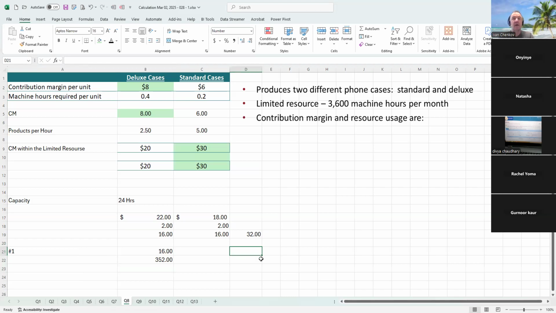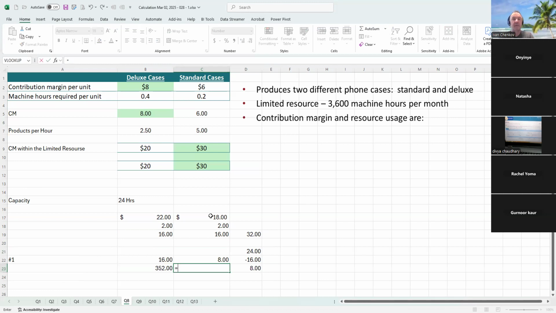I have only 24 hours, and now I've used 16 hours. How many hours are left? 8 hours. What am I going to do with the remaining 8 hours? Work the second job. And that will be the only combination that's going to give you the highest possible income.